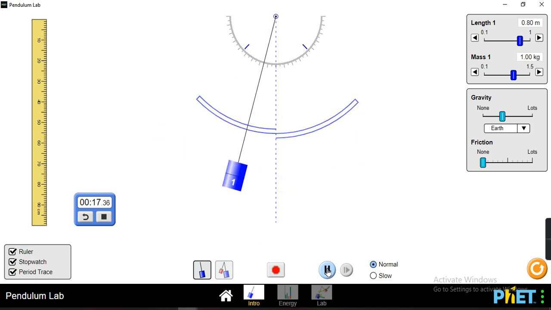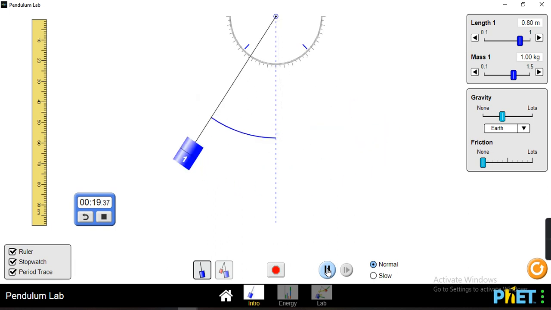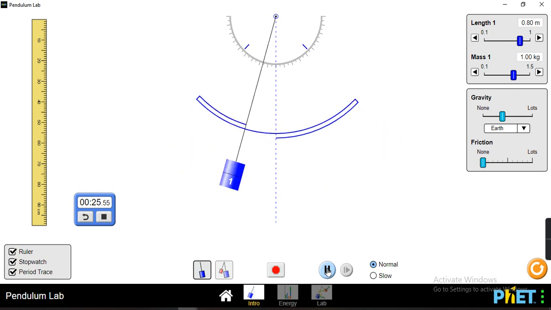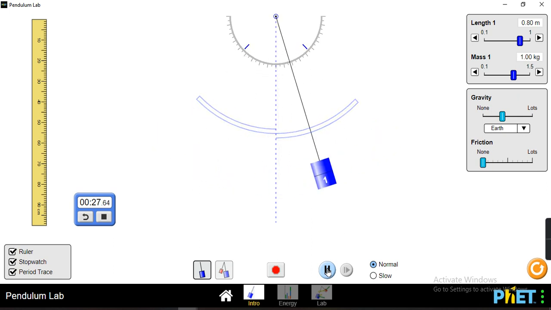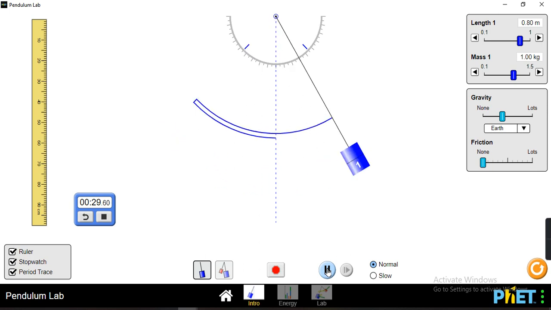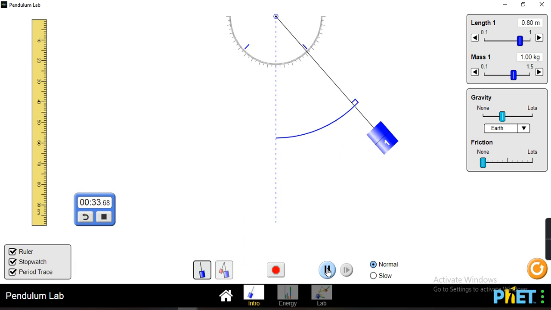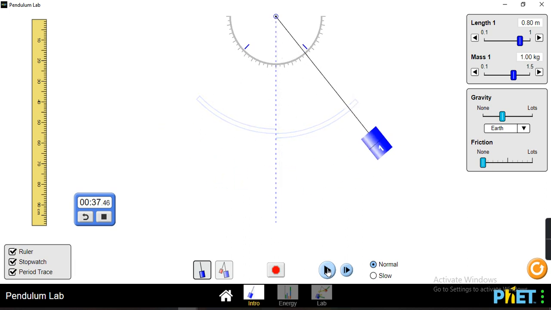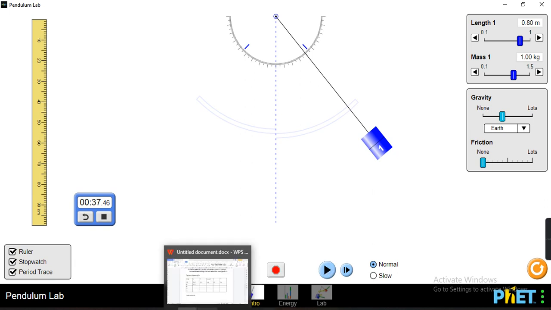This will continue, 9, 10, 11, 12, 13, 14, 15, 16, 17, 18, 19 and 20. I have 37.46 for my table.